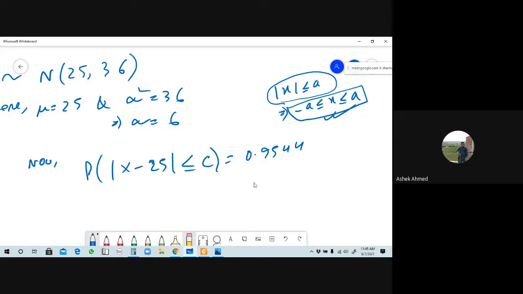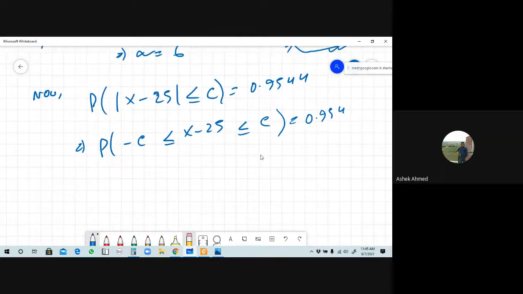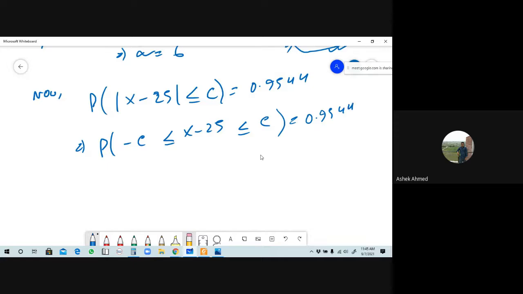Now by using this concept, less than or equal to c আছে, so that will be probability of minus c is less than or equal to x minus 25 less than or equal to c here. This is 0.9544. Therefore, okay.